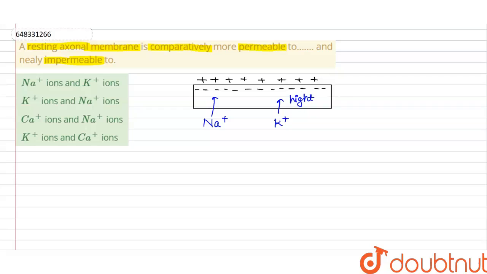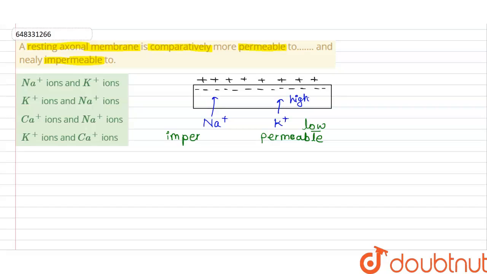And if you observe, the potassium amount at the outside is low, because potassium is very nicely permeable to go inside. So more potassium concentration will be there inside, and less sodium concentration inside, because it is nearly impermeable.